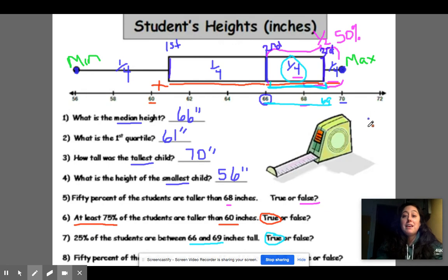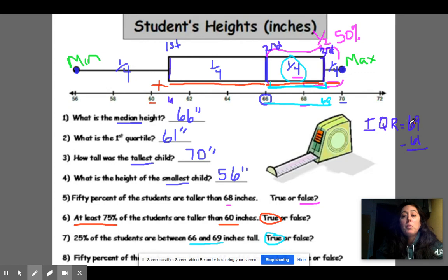In this case, I'm going to put IQR for interquartile range. The third quartile looks to be 69 minus the first quartile, which looks to be about 61.